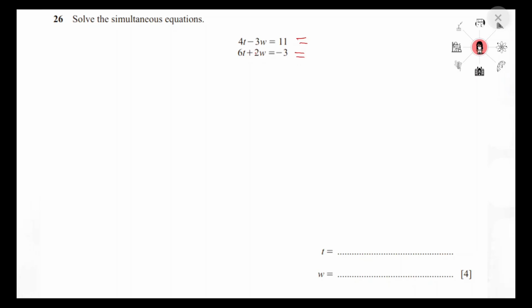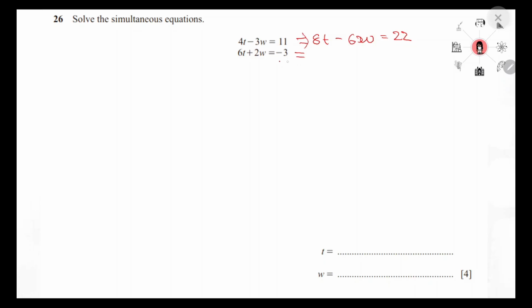So we'll convert 4t minus 3w equals 11 to 8t minus 6w equals 22. As you can see, I've multiplied 2 to the whole equation to get minus 6w.